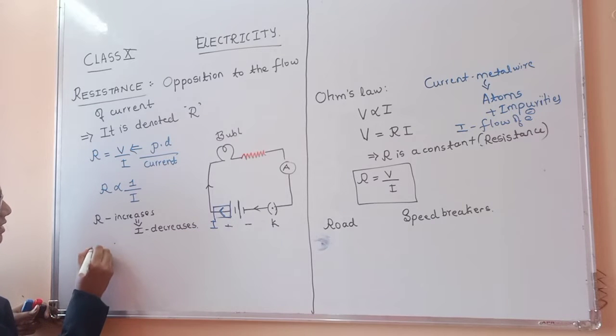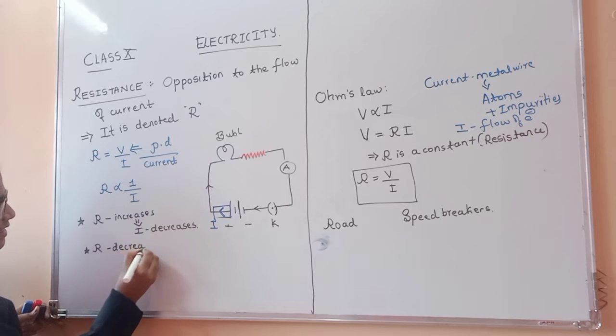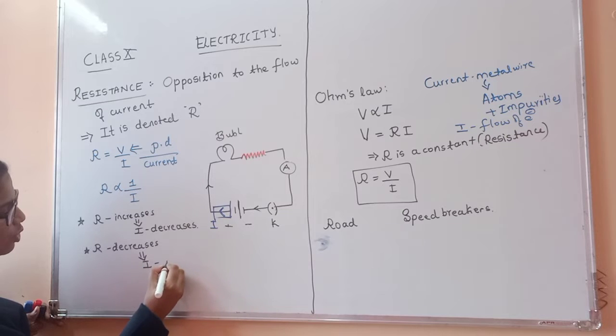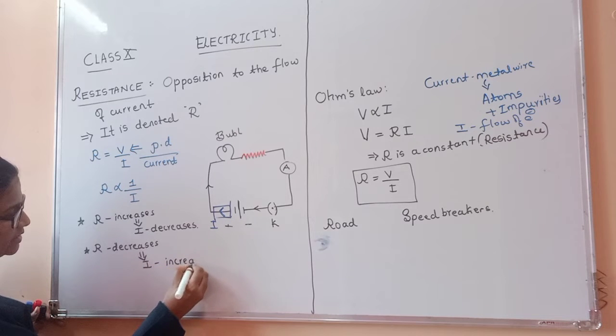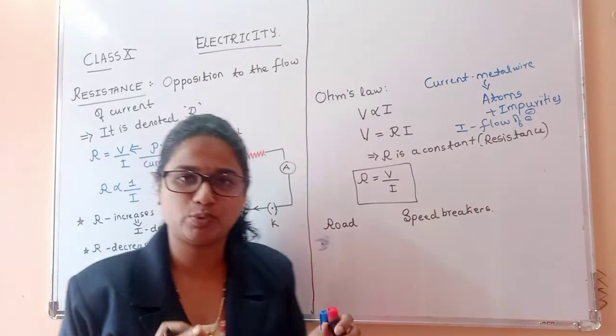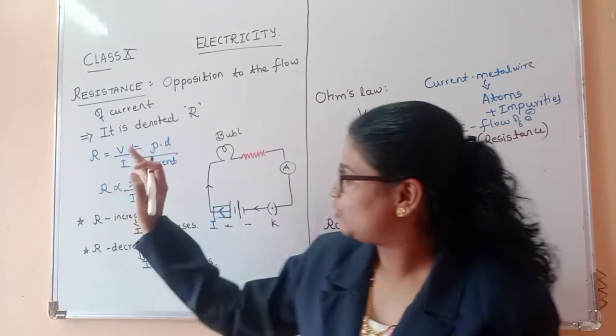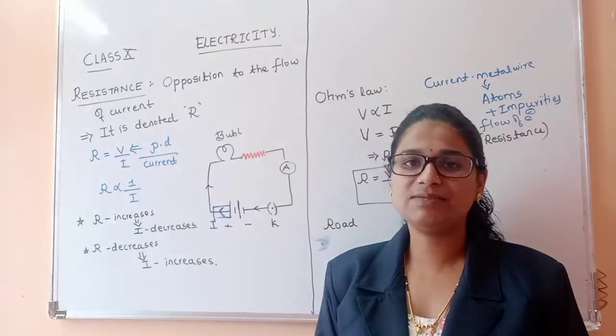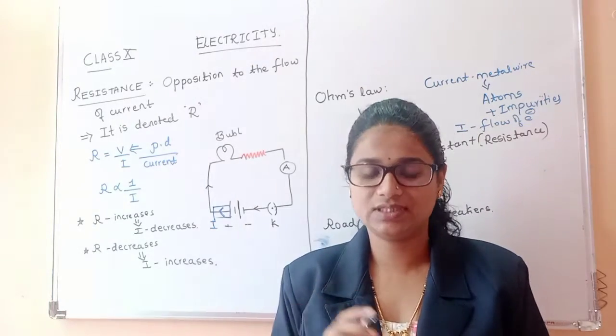Similarly, in the other case, if R decreases, resistance decreases, so what happens? Immediately the flow of current increases. So this situation is called inversely proportional. So always resistance will be inversely proportional to the flow of current.